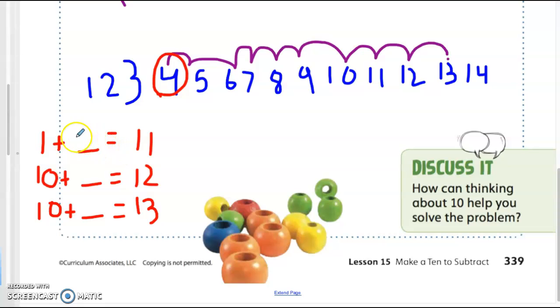Okay, so how many do you have to add to 1 to get to 11? I hope you said 10, right? 1 plus 10 equals 11. How many do you have to add to 10 to get to 2 or 12? Yep, you have to add 2.